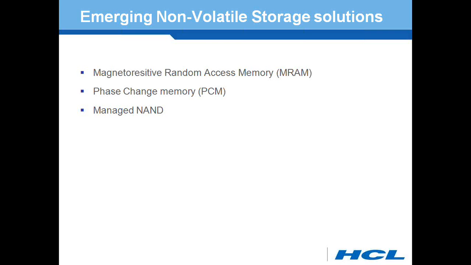There is no degradation like flash. The main disadvantage is stray magnetic fields, so the manufacturer should take care of adequate protection while shipping these products to avoid this stray magnetic field effect. It can be used as SRAM or DRAM in embedded systems.